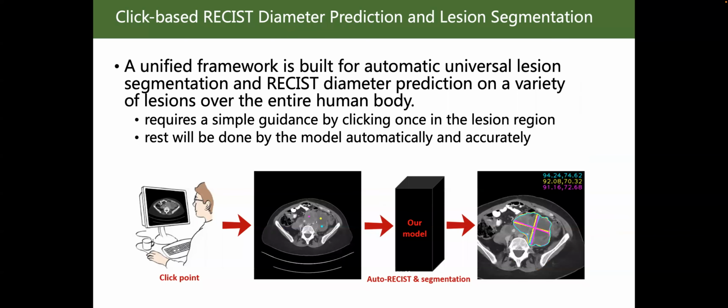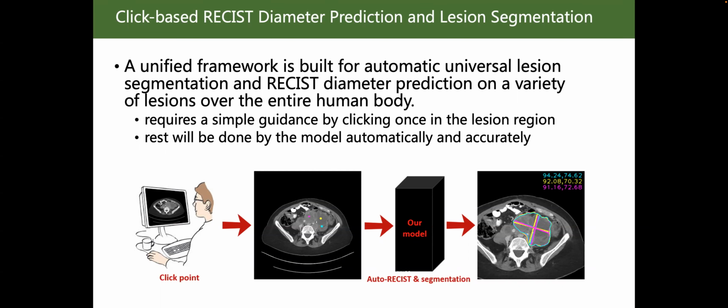So I have introduced 3 box-based methods for RECIST diameter prediction and lesion segmentation. We can see from these 3 previous methods the performance of single tasks, and they require users to draw a box that covers the lesion region, but it should not be too tight or too large. So such human guidance information is not user-friendly and increases the time cost.